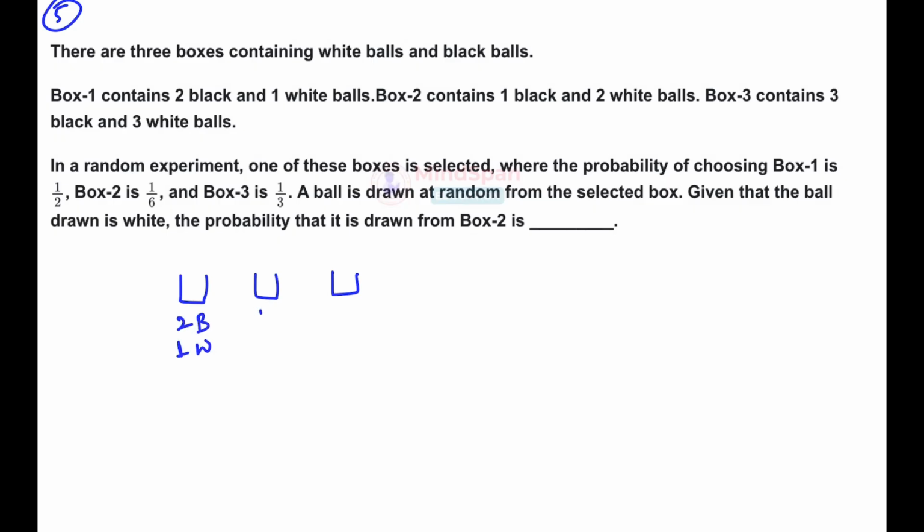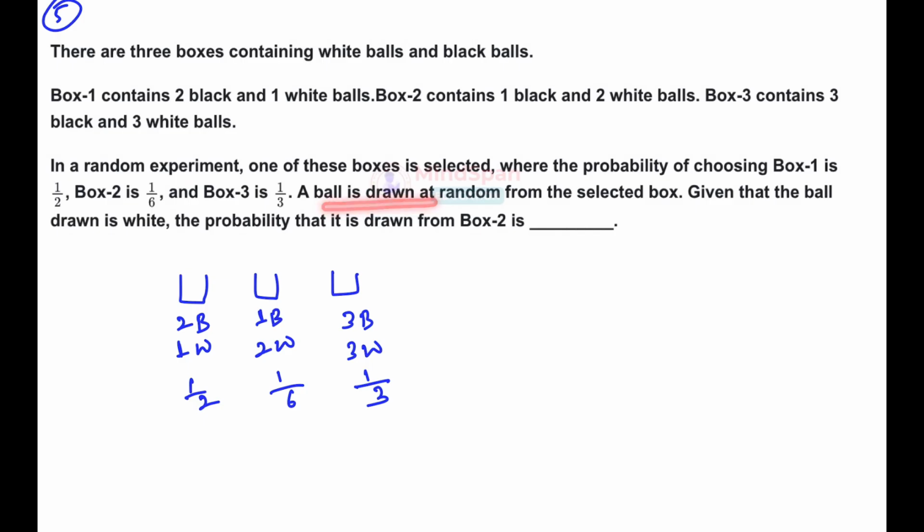Box 2 contains 1 black and 2 white, box 3 contains 3 black and 3 white. In a random experiment, one of the boxes is selected where the probability of choosing box 1 is half, the probability of choosing box 2 is 1/6, and for box 3 is 1/3.